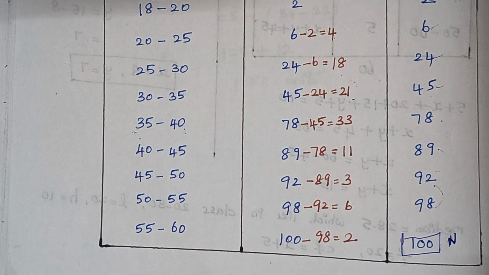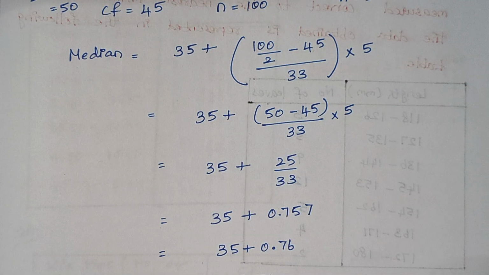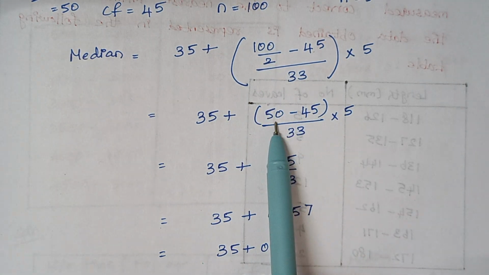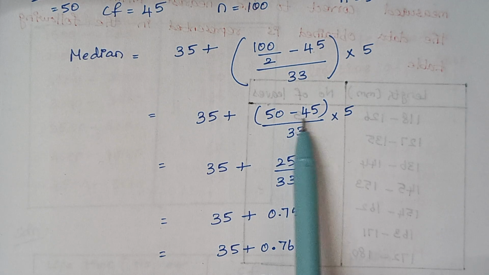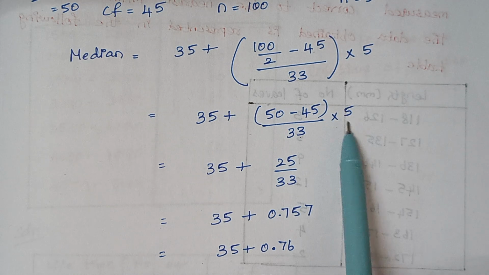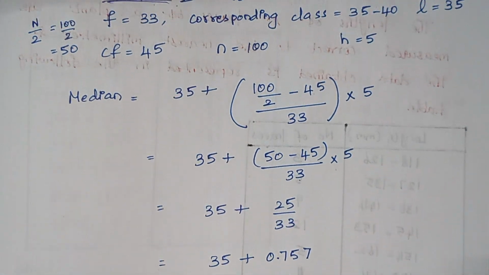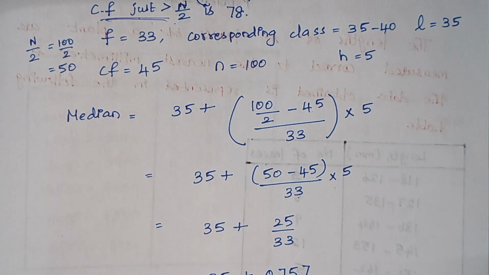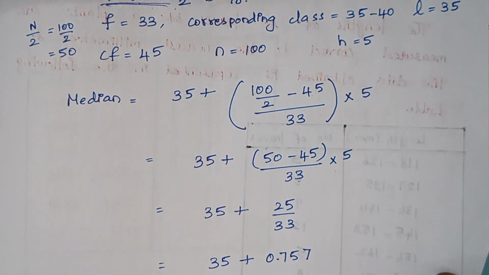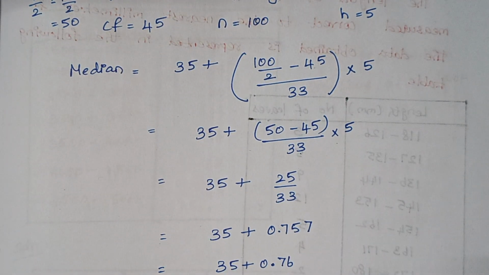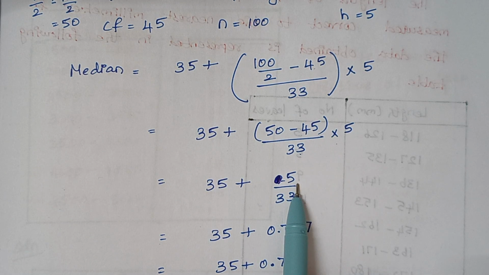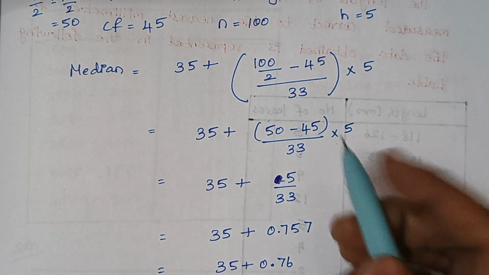Now we will substitute these values. It is 35 plus, 100 by 2 gives you 50, minus the cumulative frequency 45, divided by the value of f, 33, multiplied by h, which is 5. I have listed down all the values, now we just have to solve. 50 minus 45 is 5, and 5 into 5 makes 25.